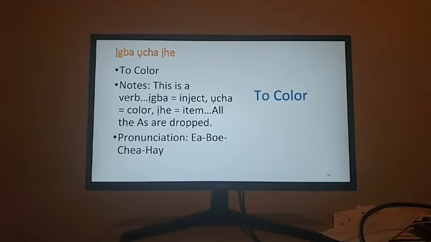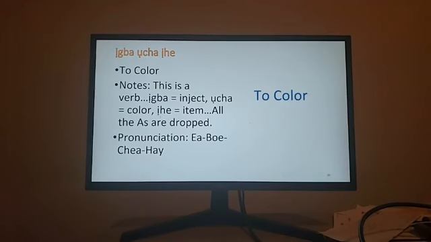Every A that you see here, there are 2 of them, you would take out of the pronunciation. So what you really would be saying is Ea-Boe-Chea-Hay, to color. That would be the common way of saying it, instead of Ea-Bah-O-Chea-Hay, which basically means the same thing.